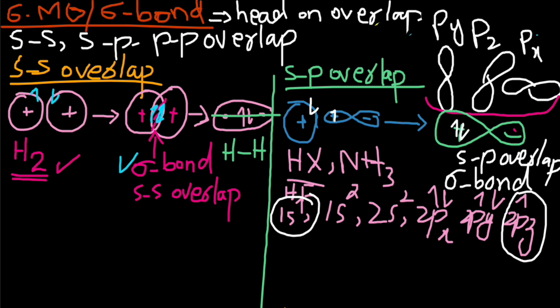So let me draw the opposite spin in 2pz. So 2pz of fluorine overlaps with the 1s1 orbital of hydrogen and results in sp overlap of this kind. Same is the case with hydrogen chloride, hydrogen bromide, hydrogen iodide and ammonia.